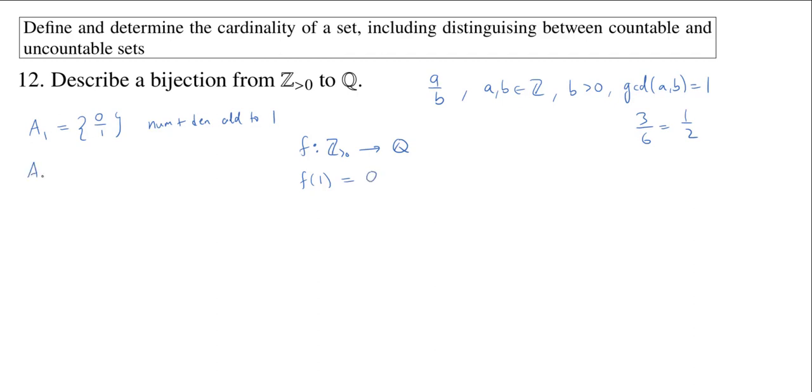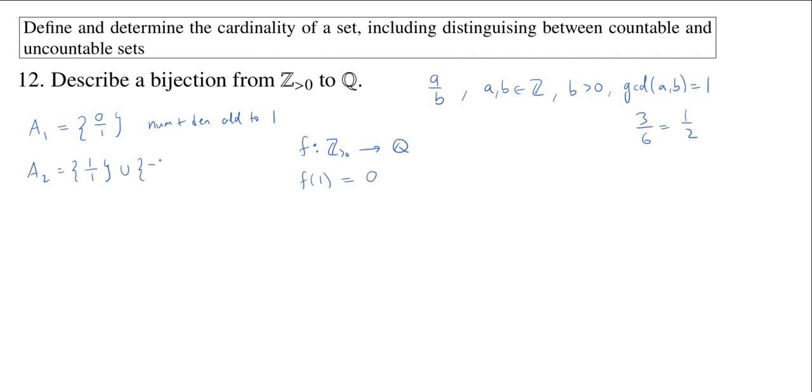Okay, let's move on then to A2. So A2 is going to be all of the fractions where the numerator and the denominator add up to 2. And I can do that in actually only one way, 1 over 1. I'm actually going to modify what I said just slightly. I'm also going to put in the negatives. So I'm going to take this and union it with the negative versions.